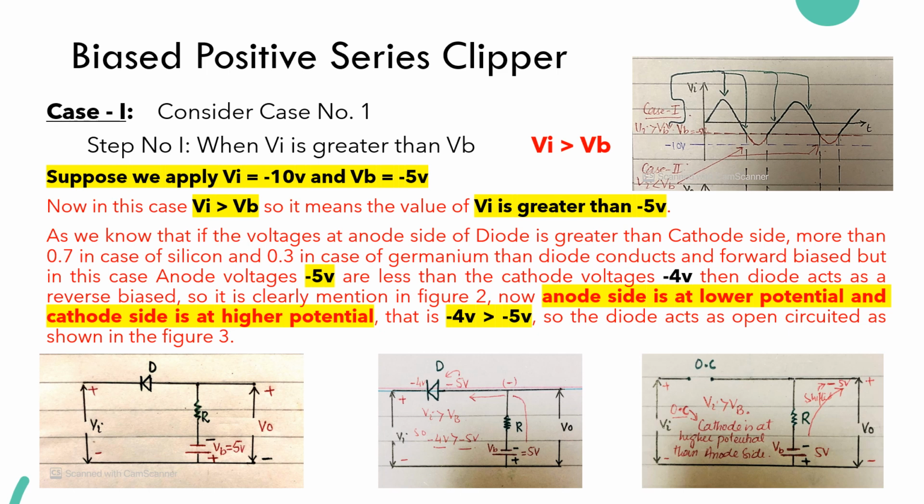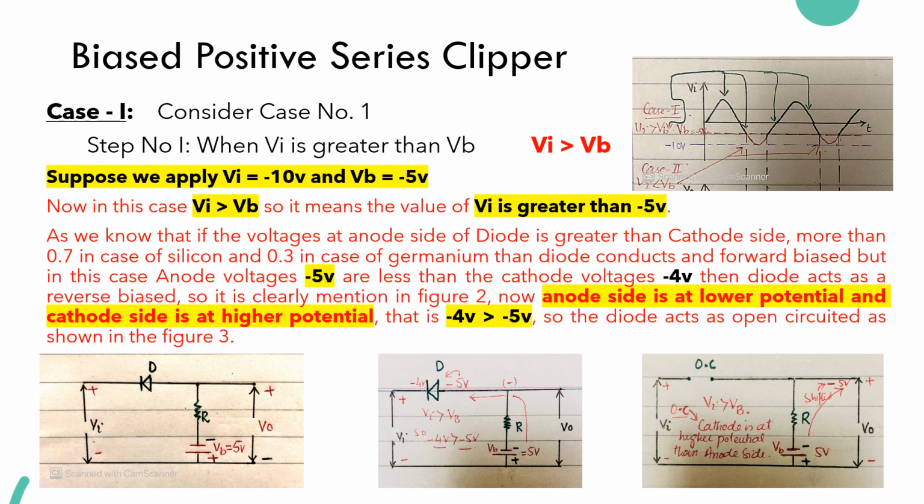Now in case number 1, step number 1, Vi is greater than VB. Suppose we apply Vi equal to 10 to minus 10 volts and VB is equal to minus 5 volts, which is already marked in the negative half cycles in figure number 1.